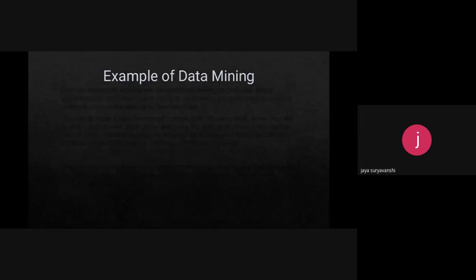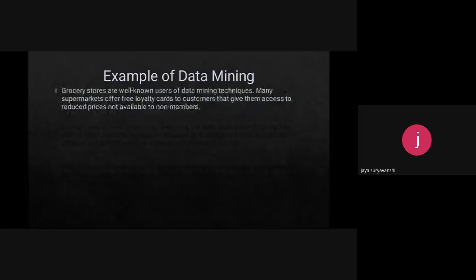So let's talk about an example of data mining. Grocery stores are well-known users of data mining techniques. Many supermarkets offer free loyalty cards to customers that give them access to reduced prices not available to non-members.